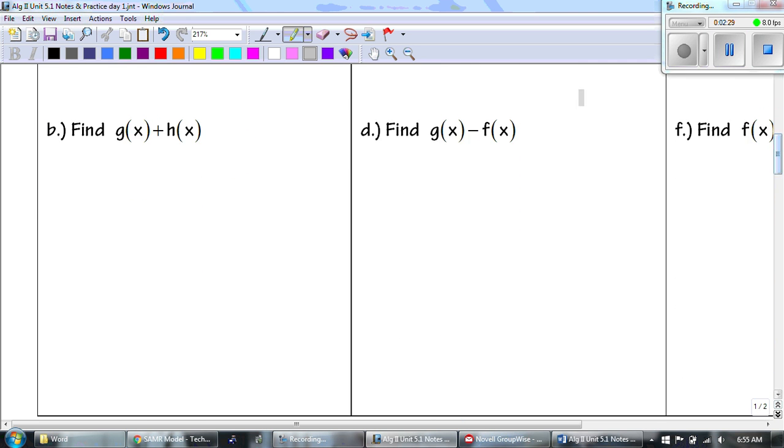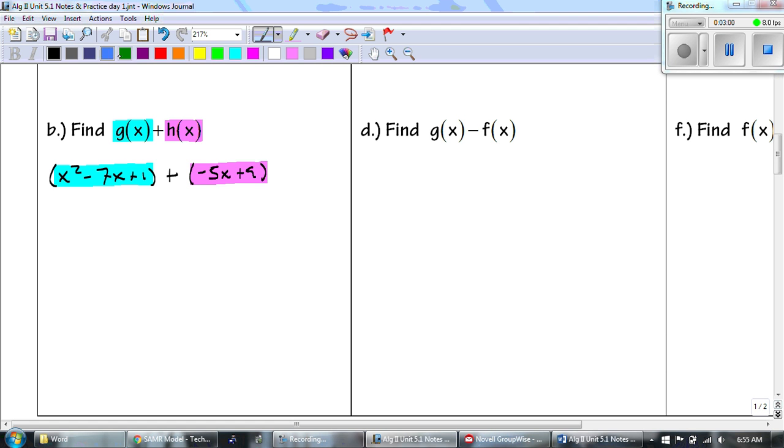So let's take a look at the next one. This time I have g of x plus h of x. Well, I take g of x again, which is x squared minus 7x plus 1. That's g of x. I'm going to add it with h of x, which is negative 5x plus 9.